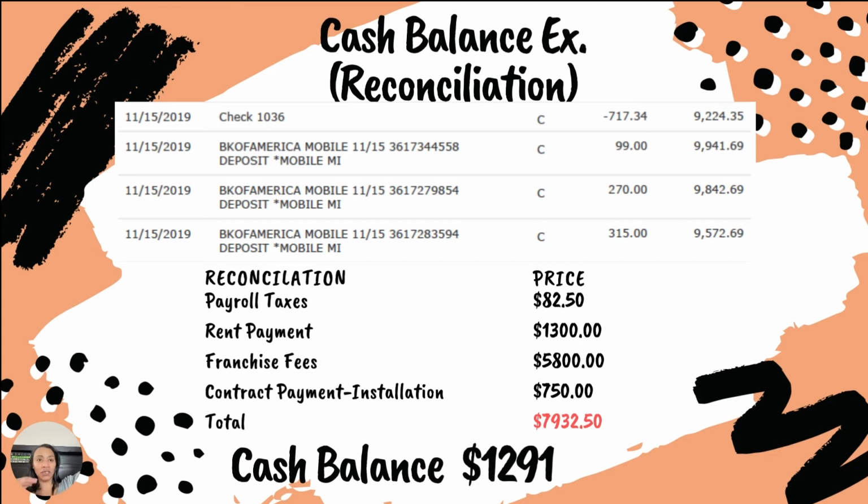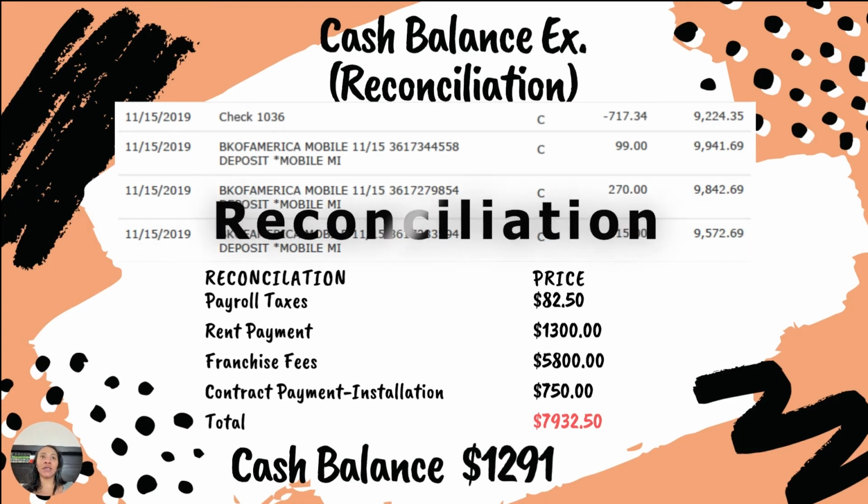Bank of America, you could get up to 90 days in real time. And then after that, you got to get PDF statements. However, that's not my point. My point is that you look at your cash balance and do a reconciliation.